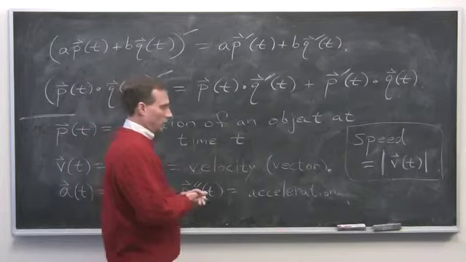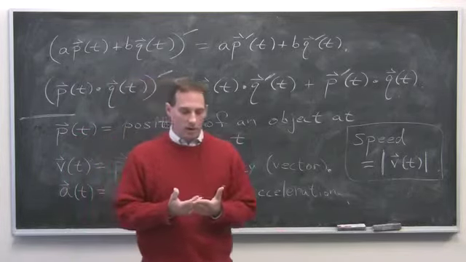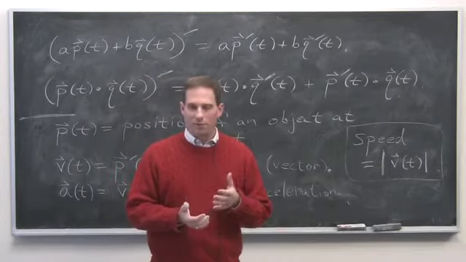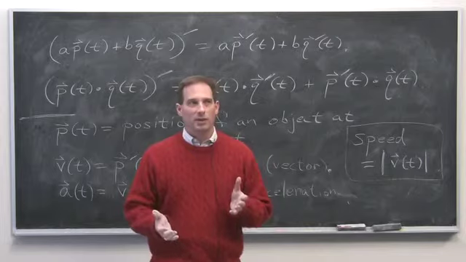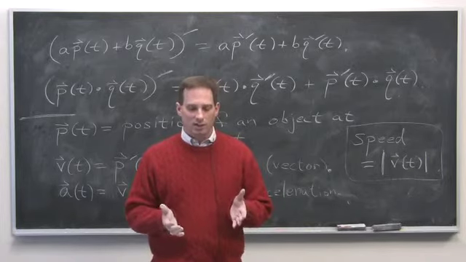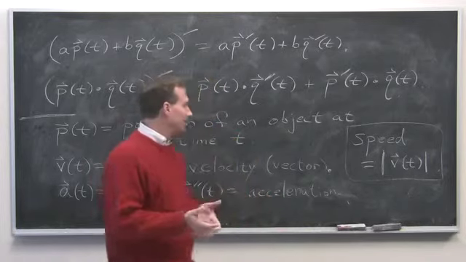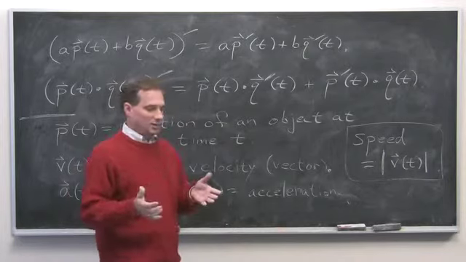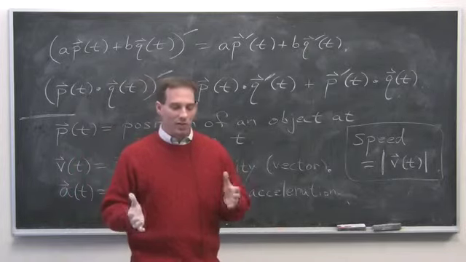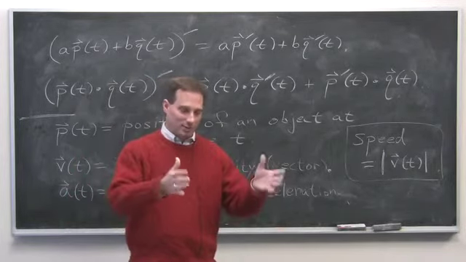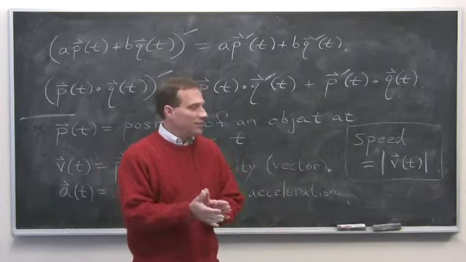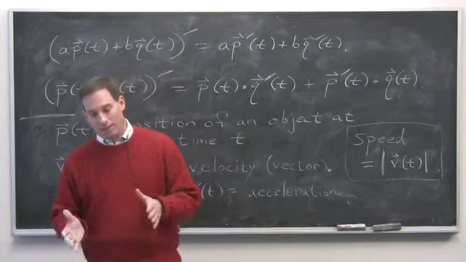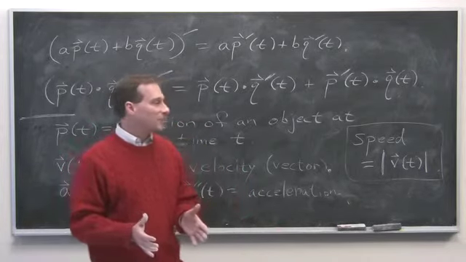Having said that, earlier we said that if you want to think of speed as an instantaneous rate of change of something, it's the instantaneous rate of change of distance traveled. There's some advantage to thinking of speed that way first, and then seeing that it's the same as the magnitude of the velocity.